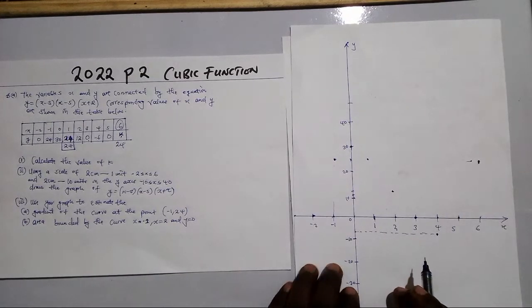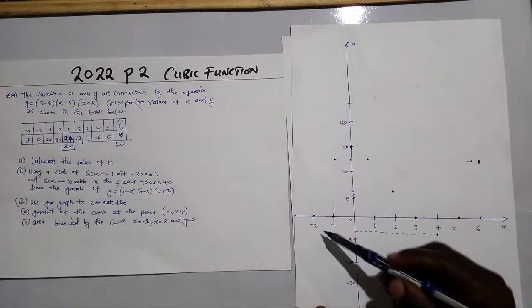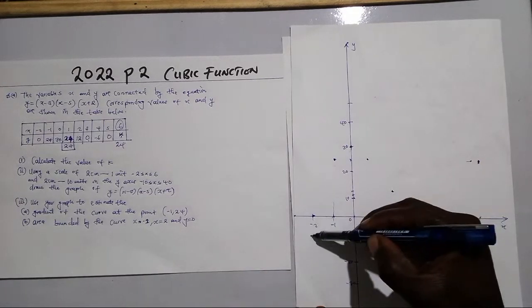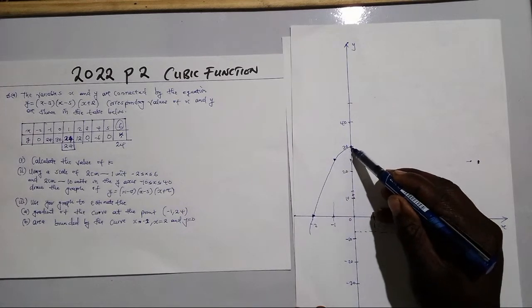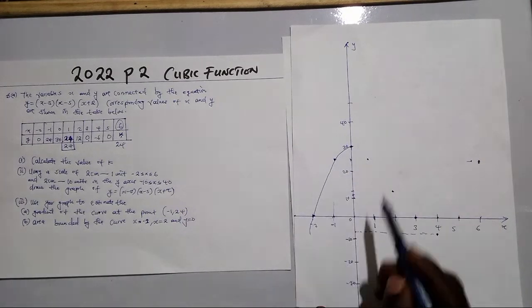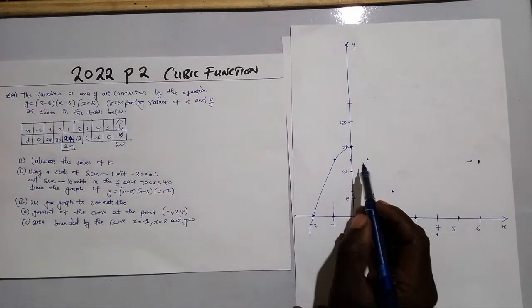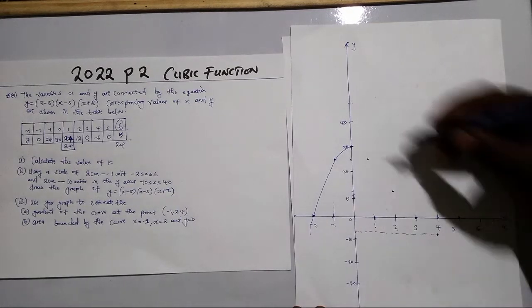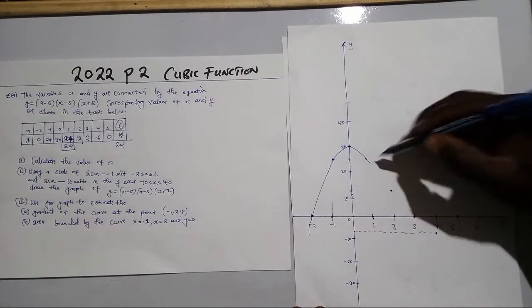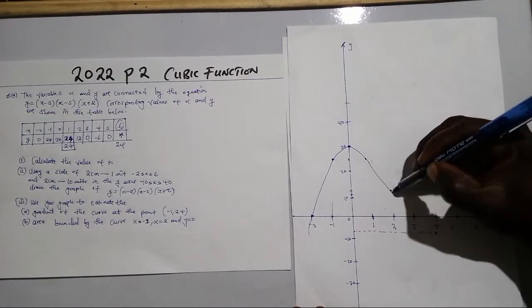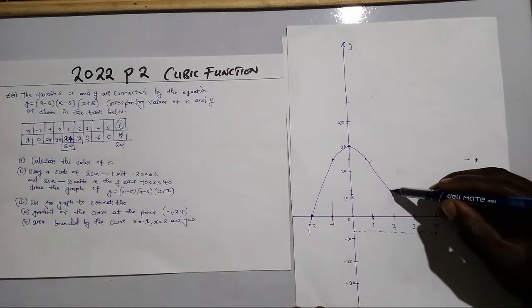Then you have to start plotting now. You start from here with your free hand. So you move like this. I'm just using my free hand. You move from the dot you made on this graph, then you come here, you draw using your free hand.